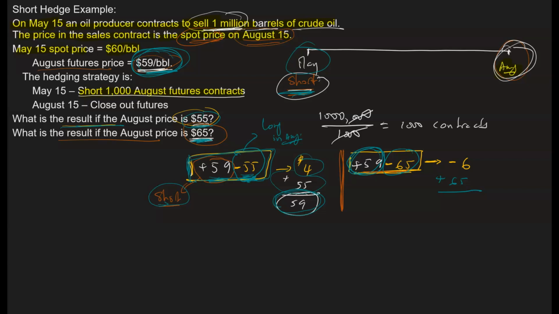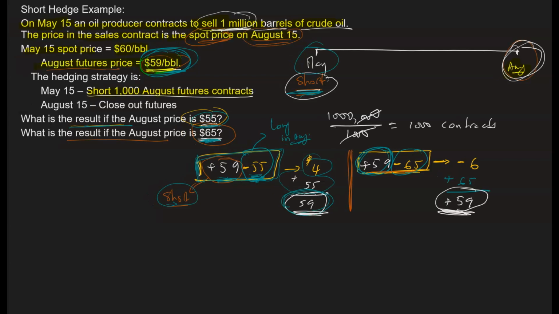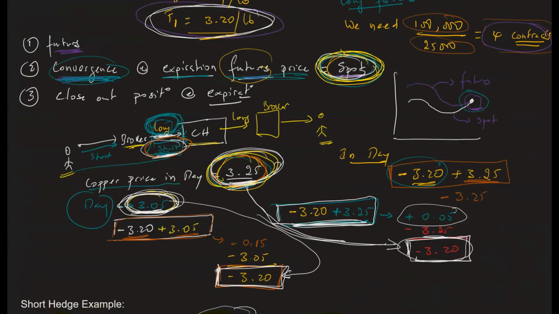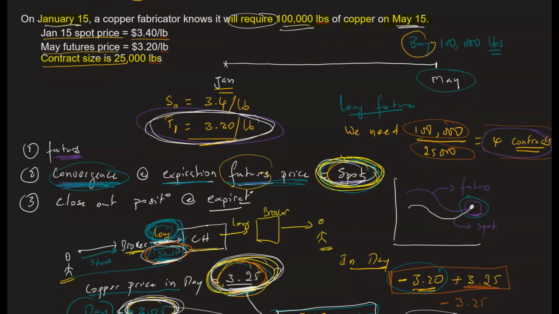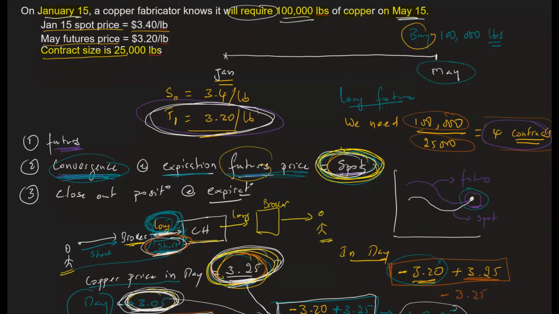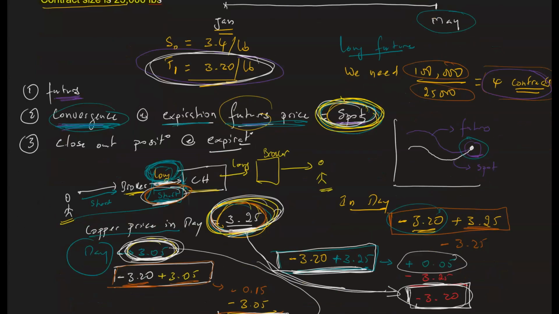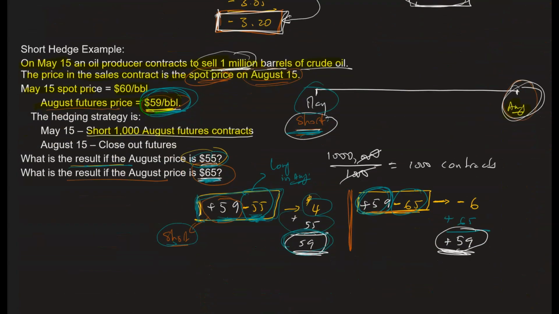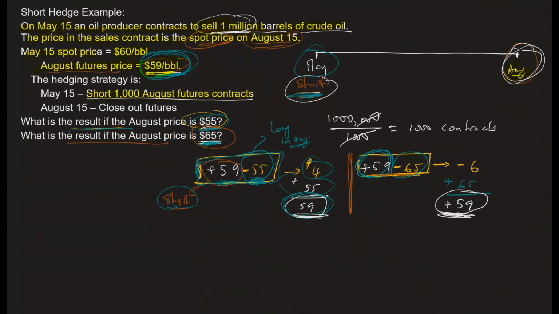So ultimately, the net effect is to make sure that we're selling at 59. All right, so those are two examples of the long hedge using futures, and this is our example on the short hedge using futures.